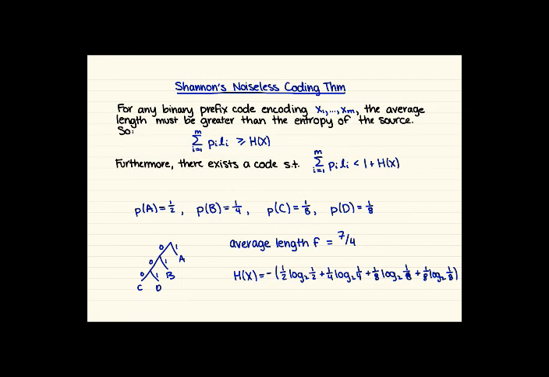So working this out, this actually comes out to 7/4. So we see that in this case, that average word length matches exactly that entropy. So certainly this is the most efficient way to encode those letters. And Shannon's noiseless coding theorem tells us that it's impossible that any code could do better than this. So the Huffman code is in fact optimal.